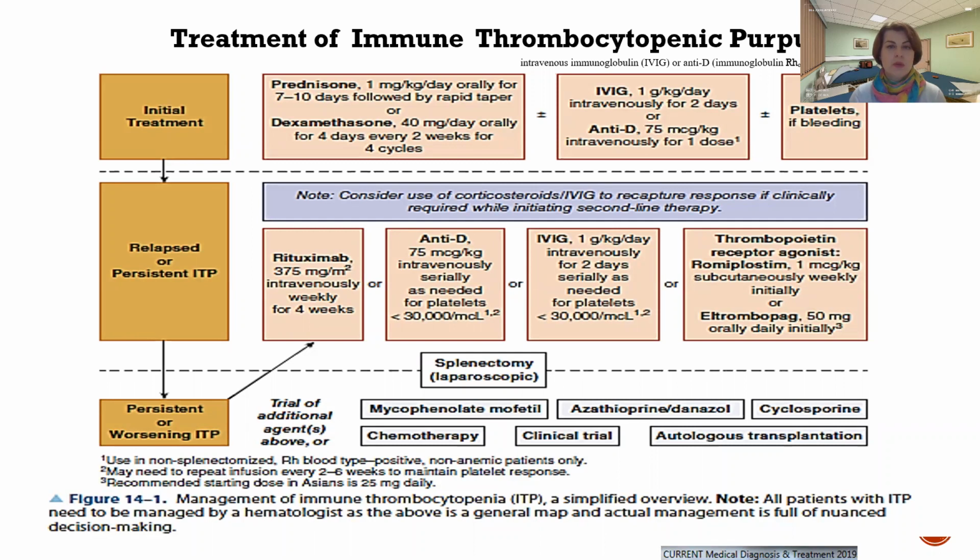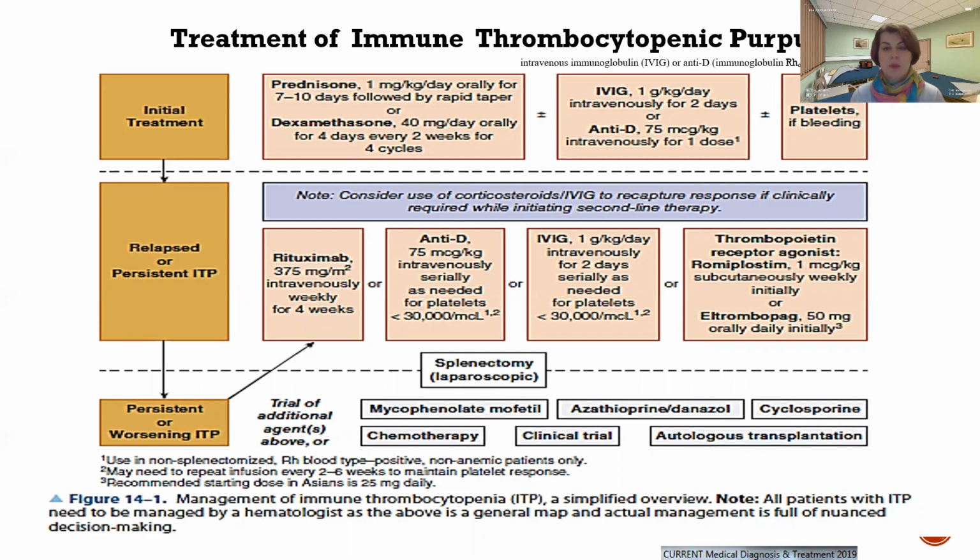So treatment of immune thrombocytopenic purpura initially consists of corticosteroids with or without intravenous immunoglobulin or anti-D factor. If the initial treatment wasn't successful, or after some period of partial recovery, the disease comes back.